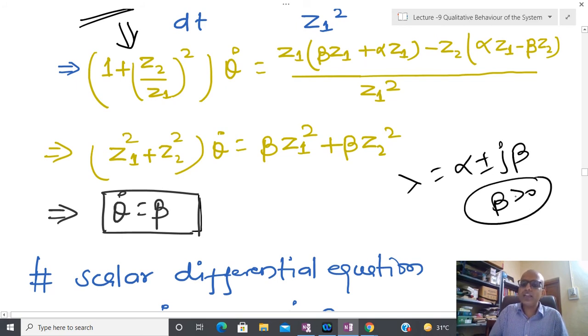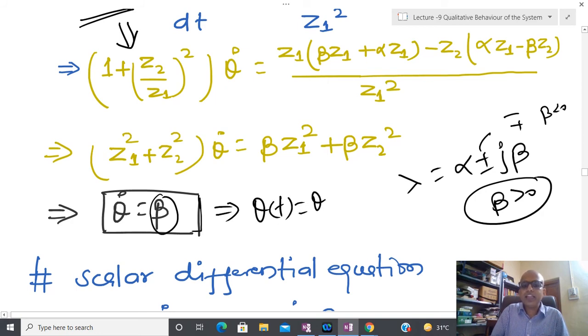Either you can fix beta greater than 0 or beta less than 0, that doesn't matter, because if beta is less than 0, then the sign just becomes negative instead of positive. Beta is a constant, some kind of real number, so theta dot equal to beta is a first order equation, and if you solve it, theta equals theta 0 plus beta into t. Anyone has confusion on this solution?